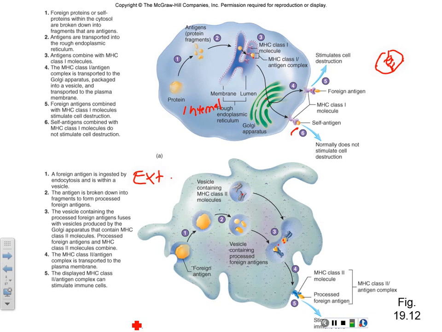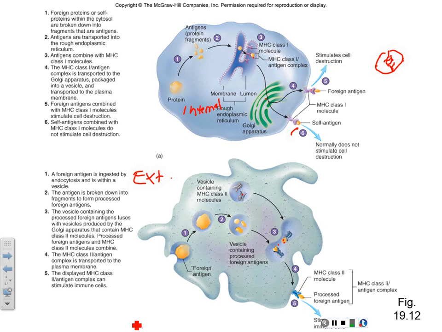So you've got endocytosis here of the molecule. And then 2, you process it and break it down, all right? And then 3, the vesicles carrying the MHC2 and the vesicles carrying the processed antigen will unite and deliver their contents into the Golgi body, all right?